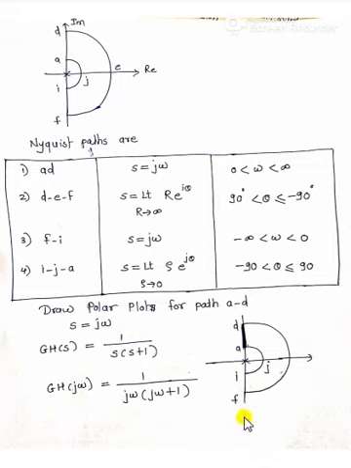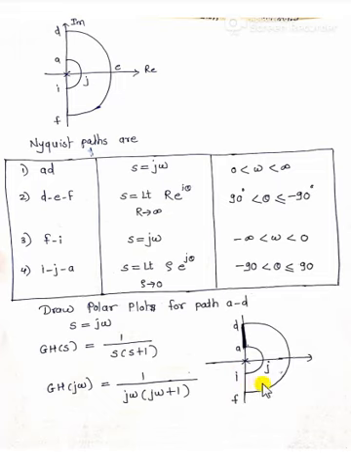Because it lies on the downward negative axis, so F is considered as minus infinity and I is considered as 0. Why is I 0? Because this semicircle's radius is tending to 0 and the F semicircle's radius is tending to infinity. That's why for F the value is minus infinity, and for I it is 0.